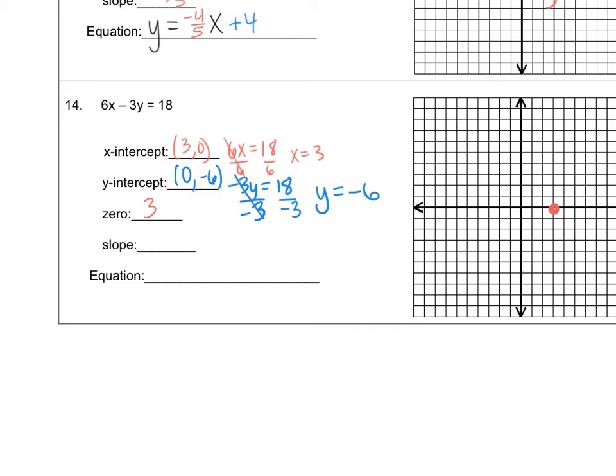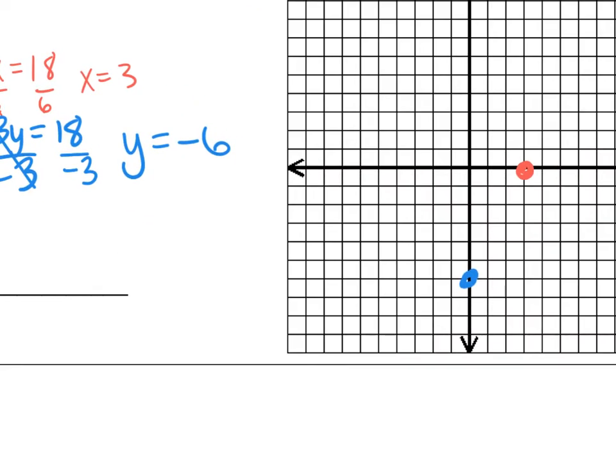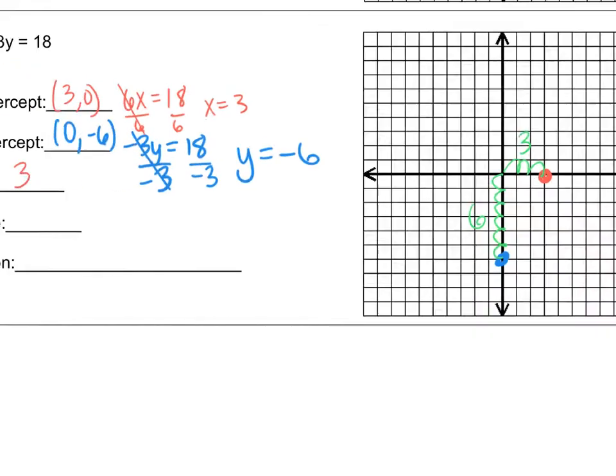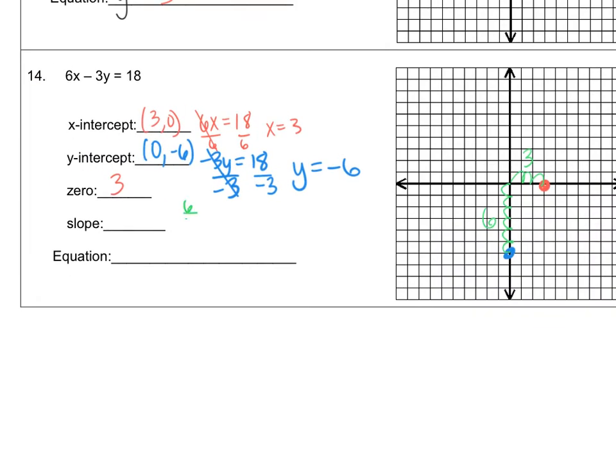So I'm going to go down 6 and plot a point. So for my slope from one point to the other, I'm going to go up 1, 2, 3, 4, 5, 6 to the right 3. So I go 6 over 3, which is the same thing as 2. So my equation is y = 2x - 6.